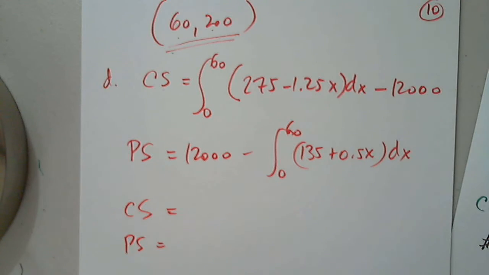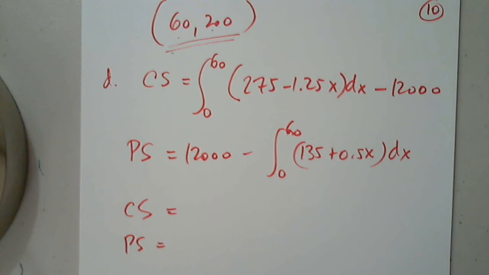I'm just going to put them directly in the calculator so we have them here, because we know how to calculate this now. Okay, so we have math and number 9, from 0 to 60. I just want to finish this calculation. 275 minus 1.25x, and of course dx, and I have to subtract 12,000.